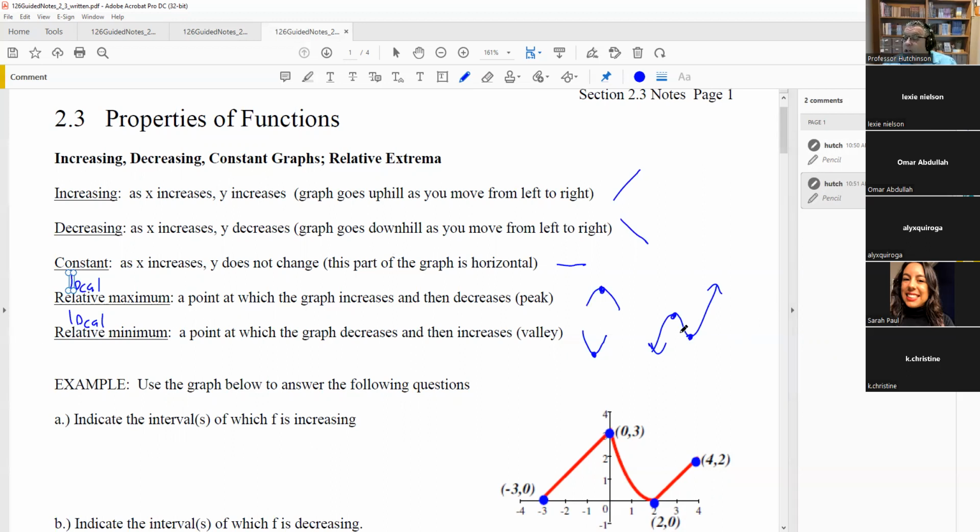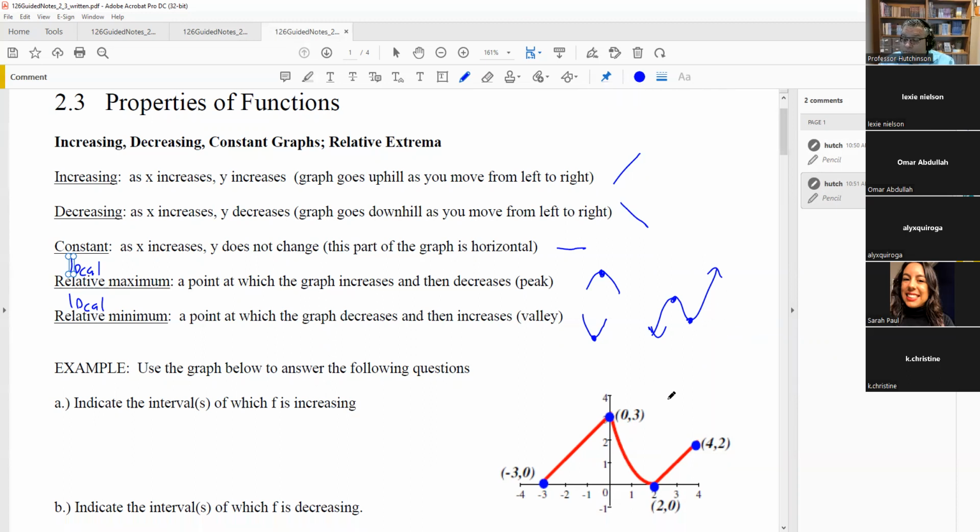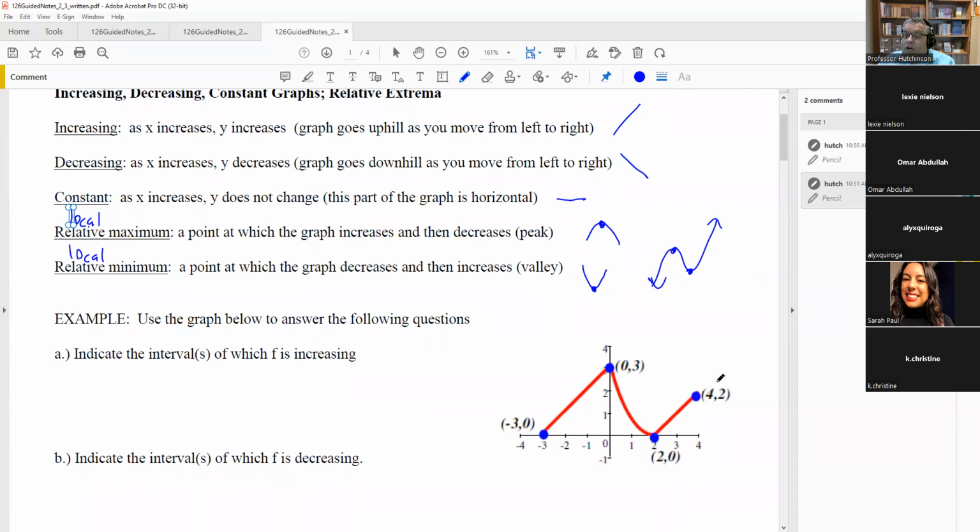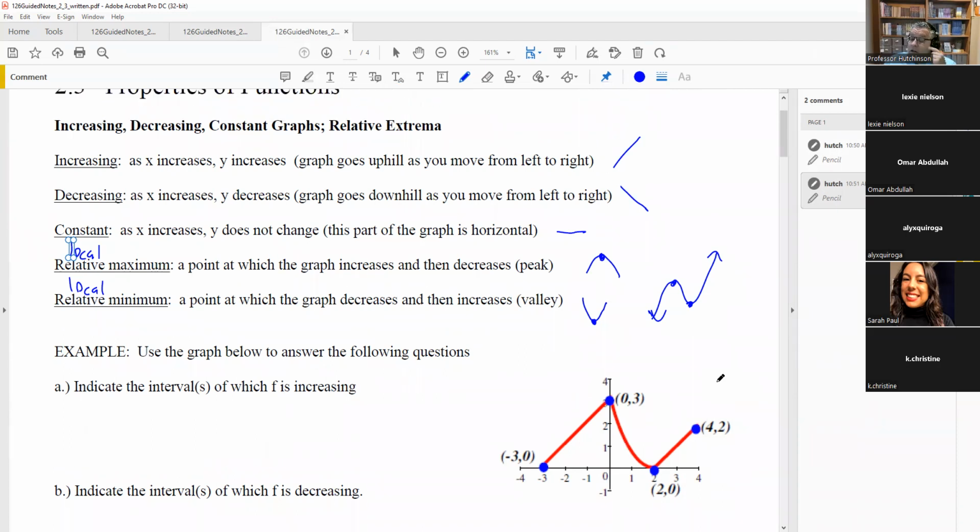The word local just means that locally in this area, that's the highest thing around. And then locally, this is the lowest thing around, but it doesn't necessarily have to be the highest and lowest point on that graph.